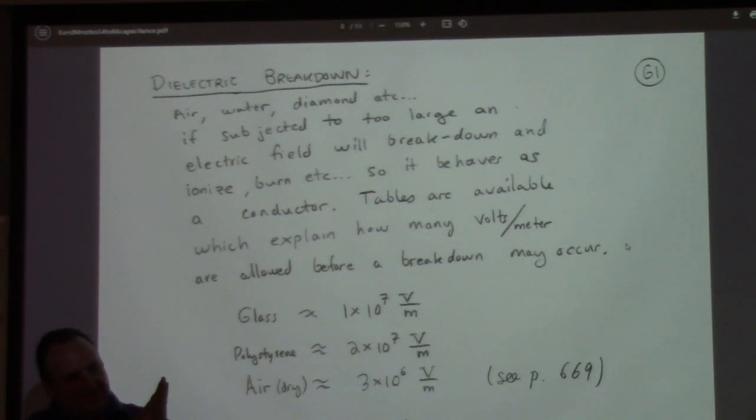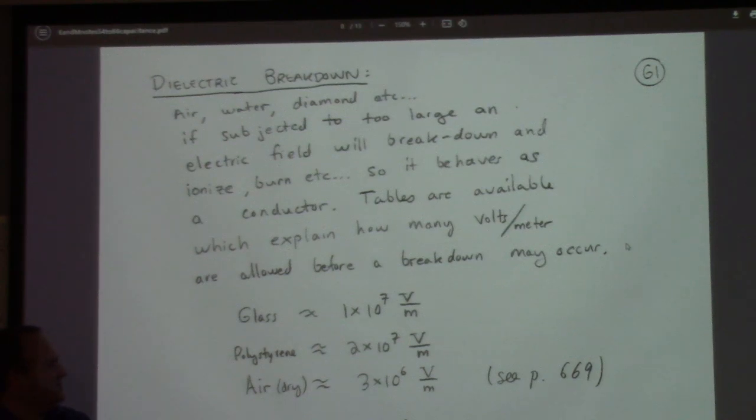If you put more than 1,000,000 volts per meter on glass, it'll become molten. It'll vaporize and destroy anything that hits it, and you don't want to be close when it happens.